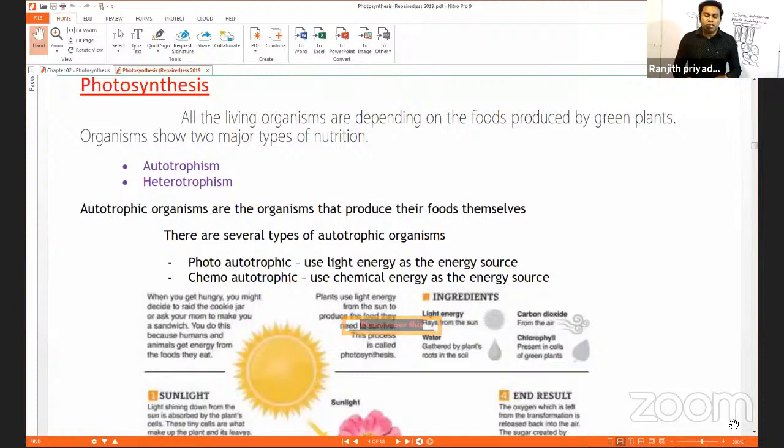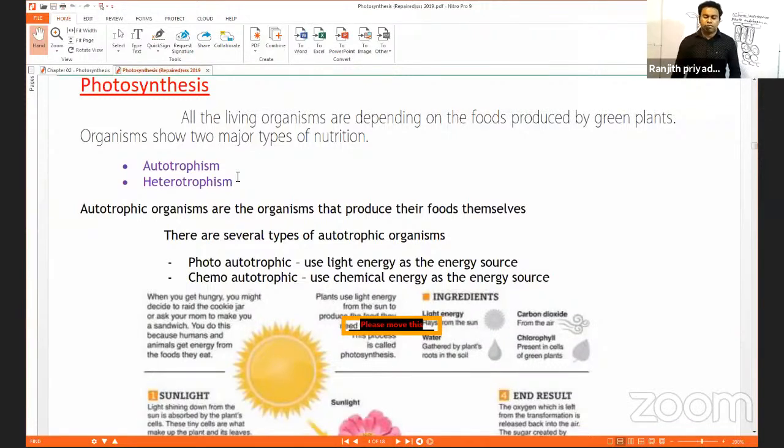So organisms show two major types of nutrition. So what's that? Autotropism. Next one, heterotropism. Okay, let's begin the lesson from here. Take down the topic photosynthesis.